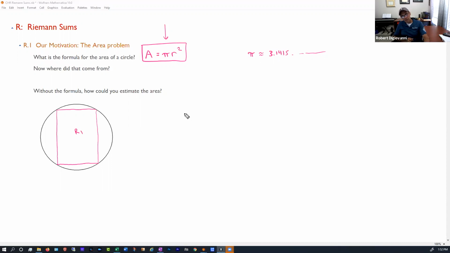Now, would you agree that the area of rectangle 1 is less than the area of the circle? I'm subscripting it, right? Do y'all agree that the area of rectangle 1 is smaller than the true area of the circle? Yes?